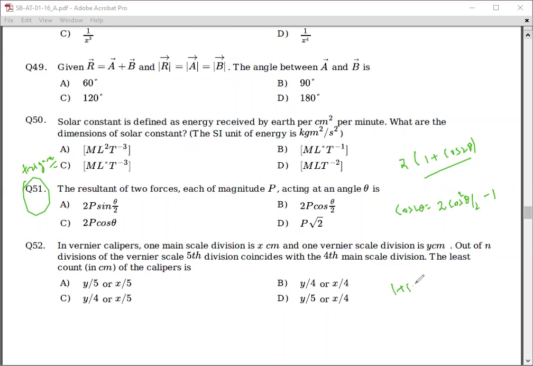So 1 plus cos 2 theta is equal to what? 2 cos square theta by 2. Okay? Right? Agree? Tell me.